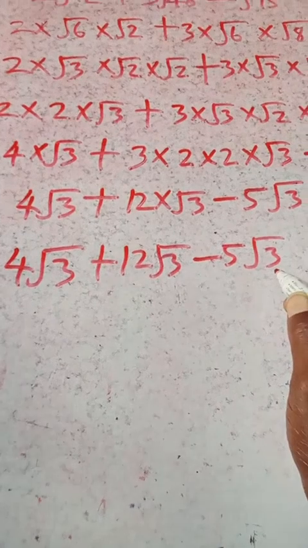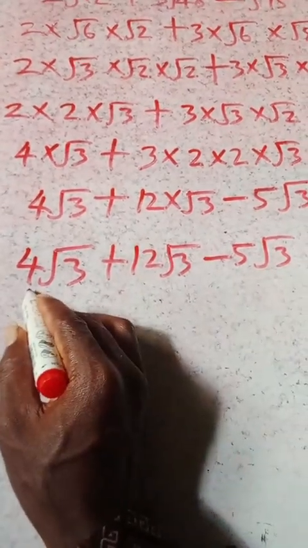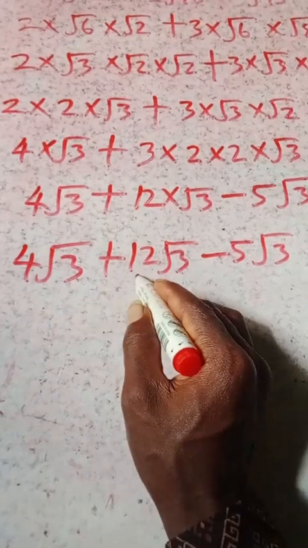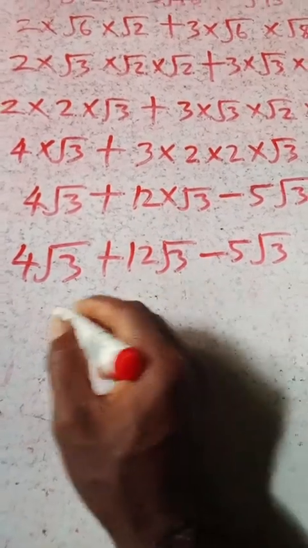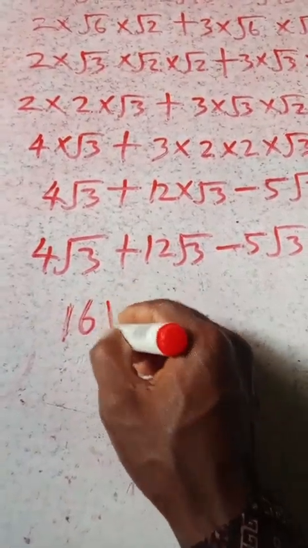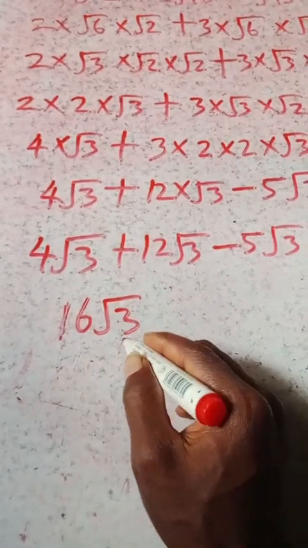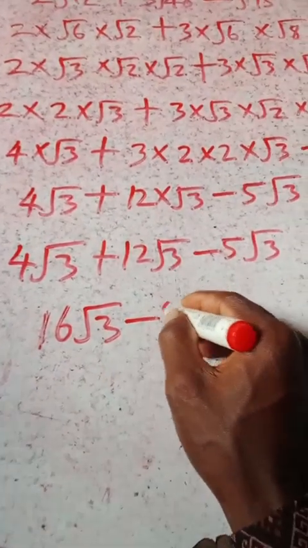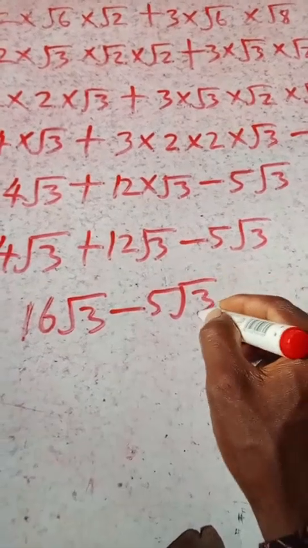All right, so here 4 goats plus 12 goats should give you what? 16 goats. That is 16 root 3. Okay, then minus 5 root 3. Are you getting it?